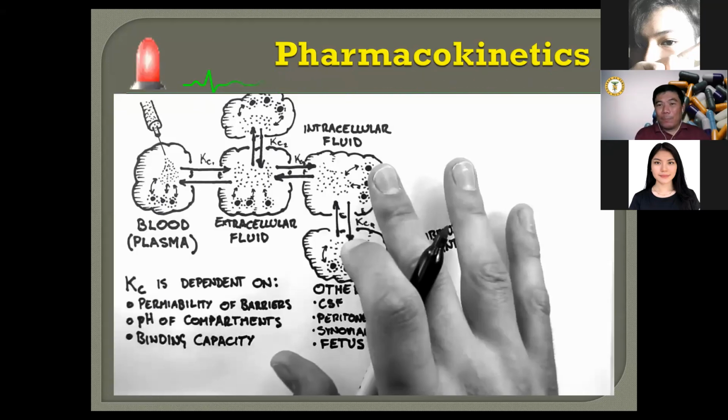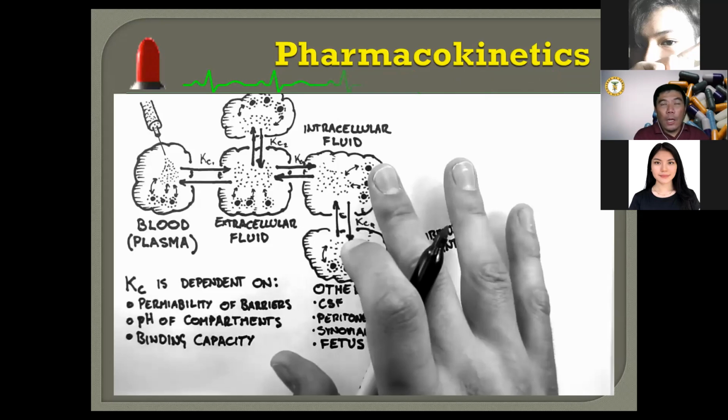pH of the compartment. If we are considering pH, that is represented by ion. For example, it could be acid or it could be base. Go back to chemistry. Acid or base? Base is also alkalinic.